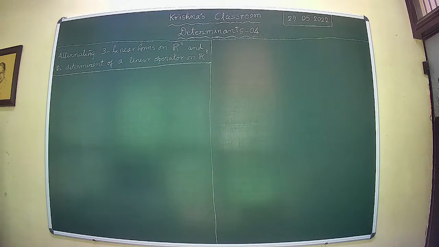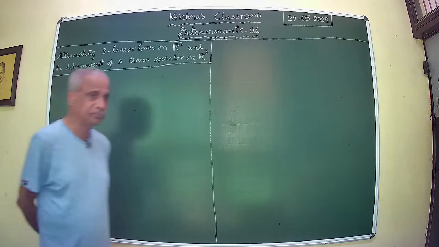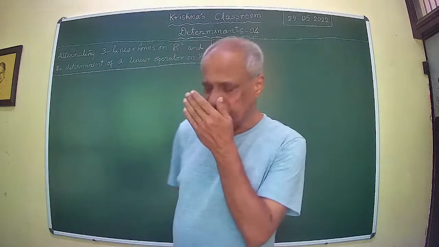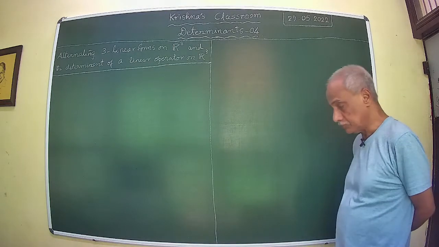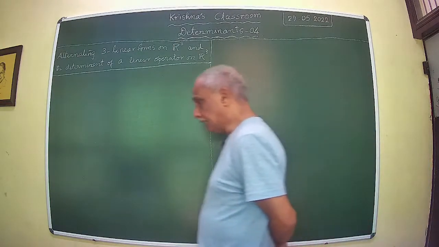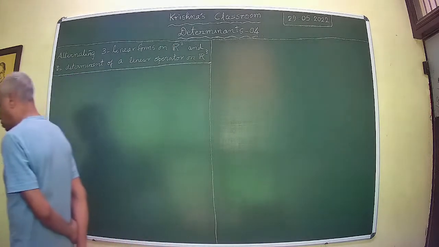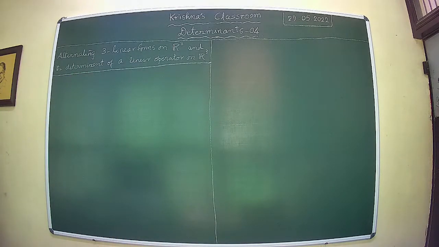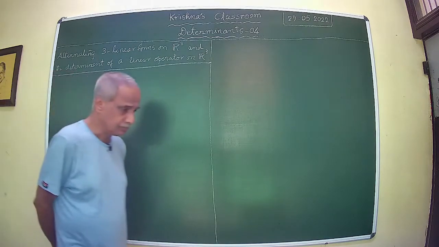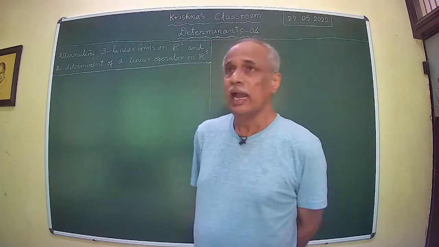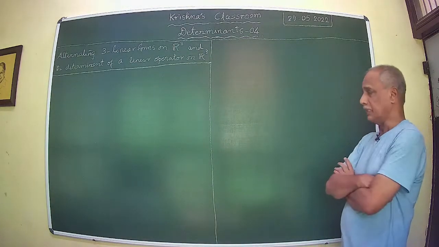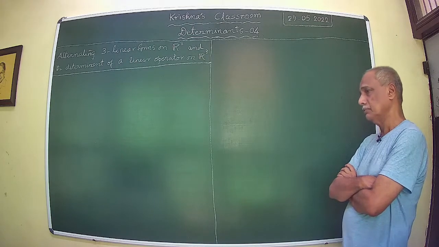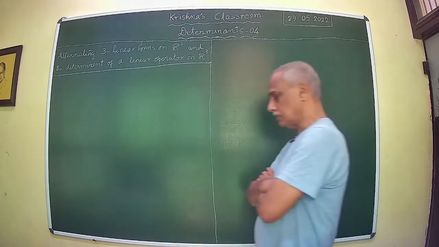So this is what we mean by a 3 linear form. And then we found that the 3 linear forms form a vector space, and we also constructed a basis for that, and we found that it's a 27 dimensional vector space, that is 3 to the power 3 dimensional vector space.